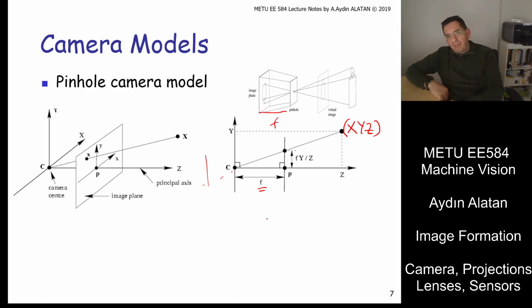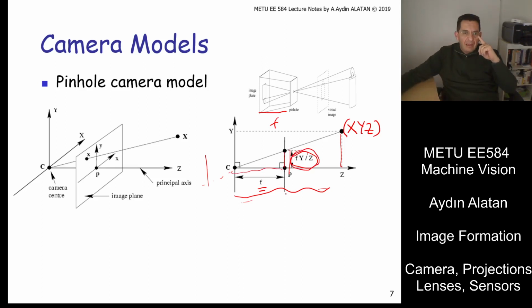Now, due to these similar triangles, that distance is obtained like this. The ratio of this one to this one should be the ratio of this one to F, which means that distance is equal to F over Y times Z. This is a very, very simple formula, but that is the fundamental formula of your mobile phone cameras or everything.